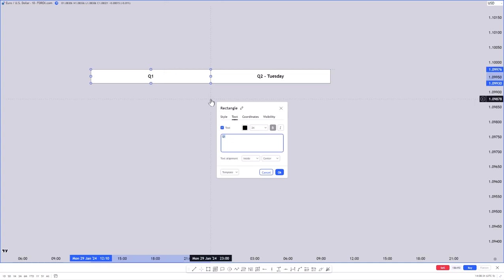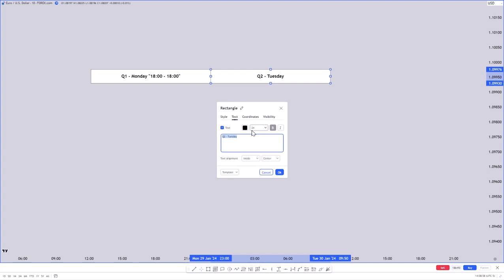initially this range right here would be Q1, Monday, like that. And each individual range would begin from 18 to 18.